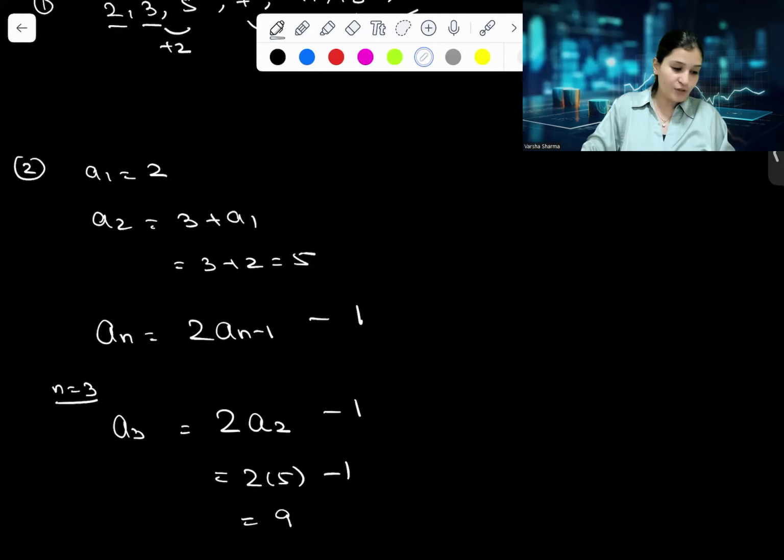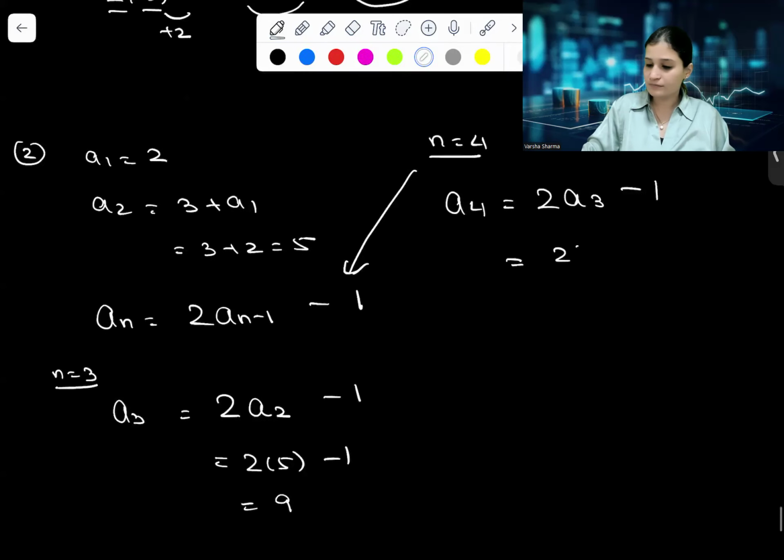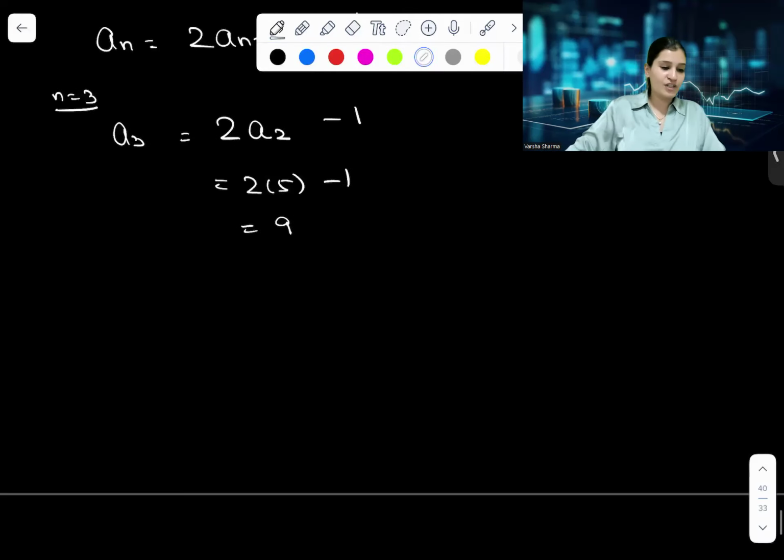What do we want to find? Up to 4 terms. So I take n equal to 4. a4, again putting it in the same formula, will be twice a4 minus 1, that is a3 minus 1. What is a3? 9. The answer would be 17. Yes? Does it match?